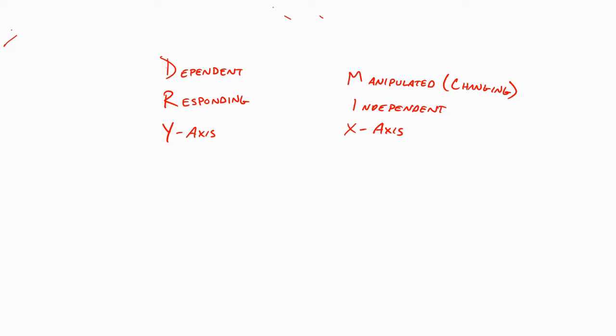A lot of times I use this as a way of reminding myself what the independent variable is, where it gets graphed, what the dependent variable is, and where it gets graphed. This is something that helps me out a lot.